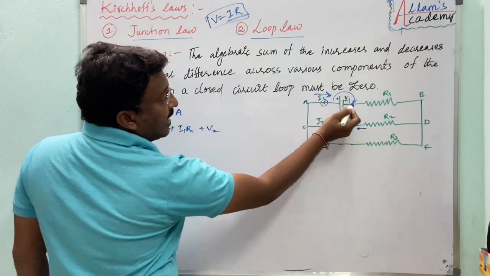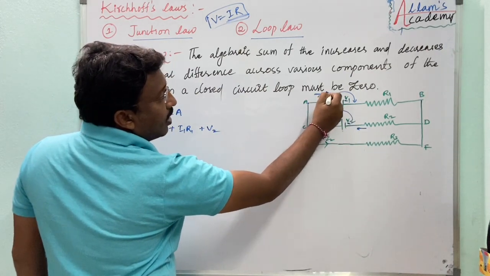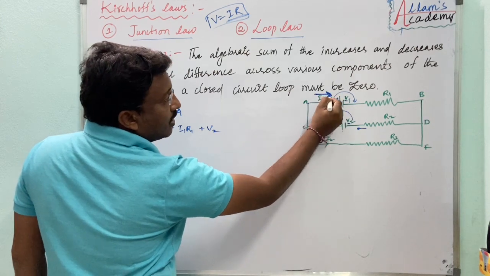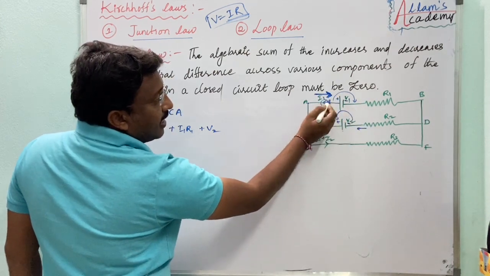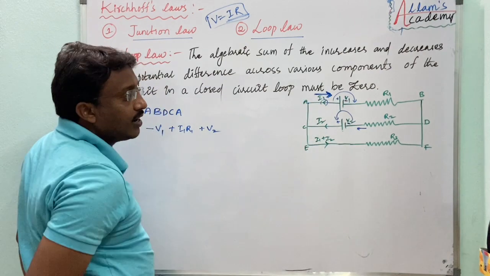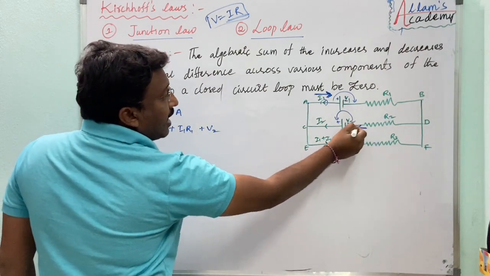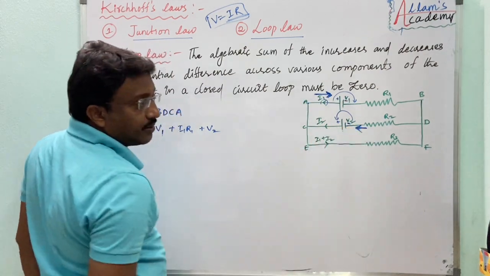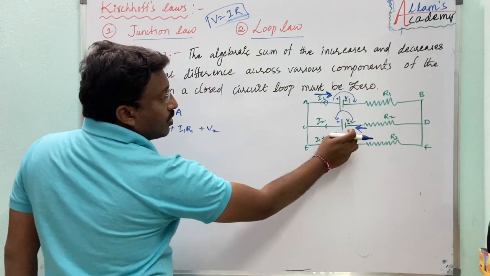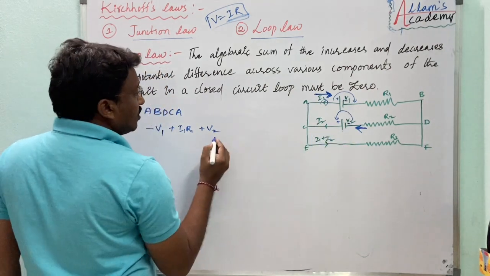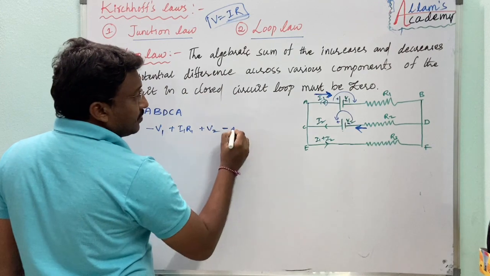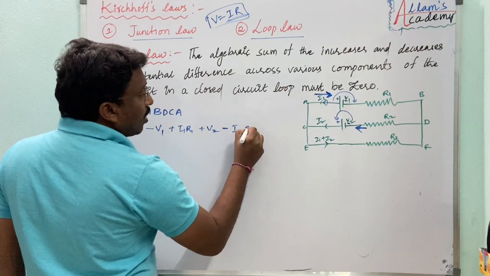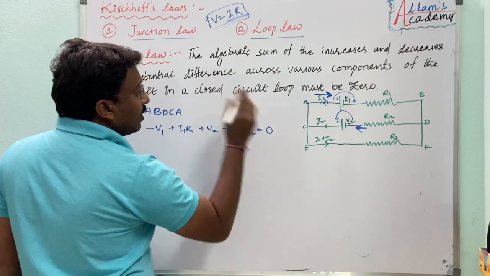Here the blue marker shows the direction we measured, and the green marker shows the direction of current. Here both are in the same direction, so we should take minus I2 R2 equal to 0.